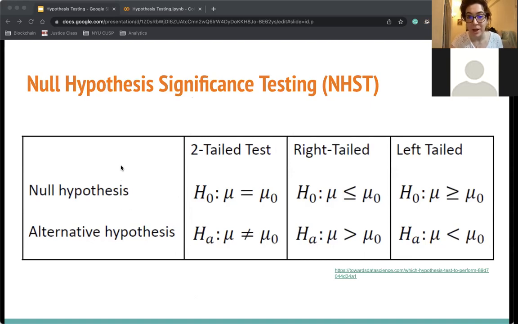So we have a two-tailed test, a right-tailed test, and a left-tailed test, and all these different tails align with our area under the curve. And we'll start to use statistics to prove either these two different groups are the same.